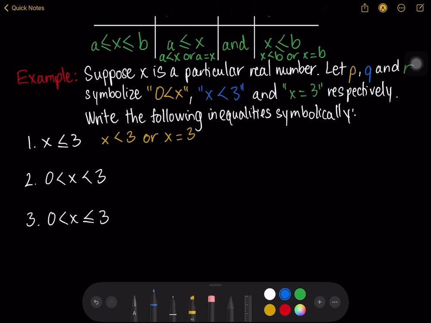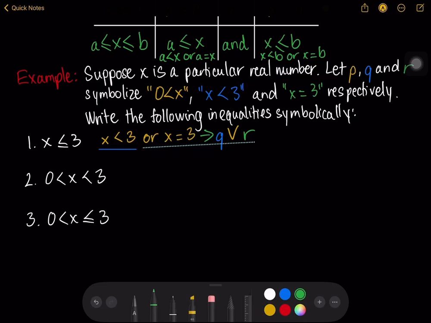So what is our letter here? x less than 3 is q, right? So q, and then or, I'm going to use yellow, or x equals 3, which is our r, right? q or r, that is our statement.